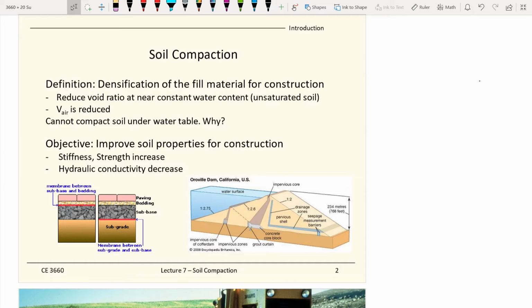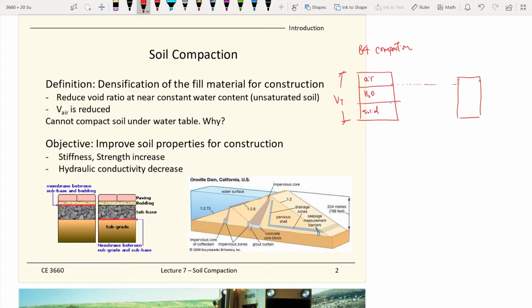The idea here is, remember from our phase relationships, the phase diagram, you have air, water, and solid. You know the total volume. So this is before compaction. And after your soil is compacted, what has changed?